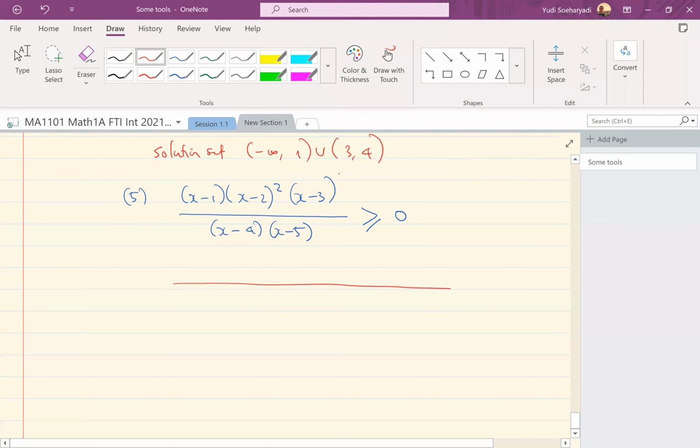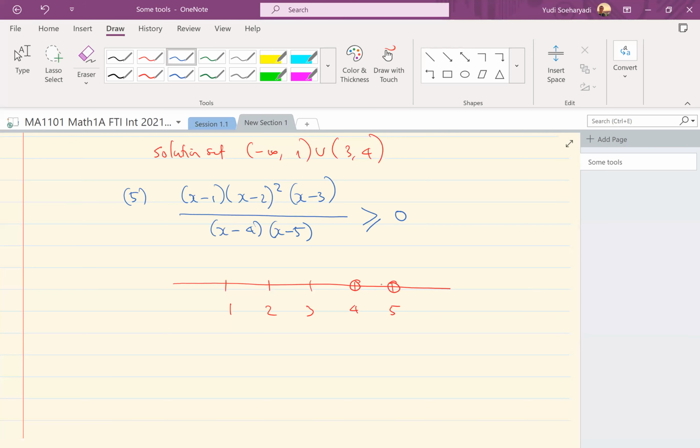So that's 1, 2, 3. And the denominator is 0 at 4 and 5. But at 4 and 5, the inequality is undefined because this would be division by 0. So that's why there's a hollow circle there.